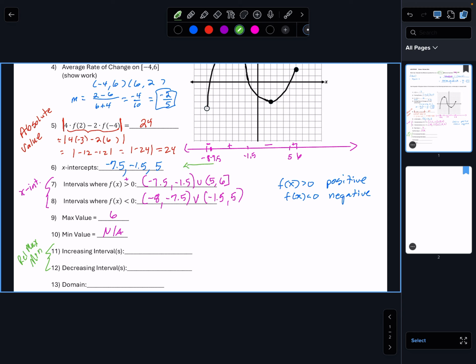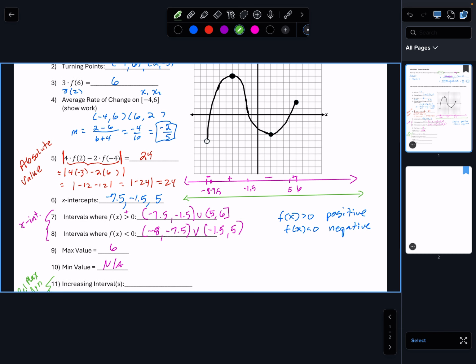So I typically draw a different line than the positive and negative, but we do start at -8, and we do end at 6, starting and ending points. But now it is the x-coordinates of the turning points that you need to use for your boundaries or key numbers. And the x values of those turning points are -4 and 2.